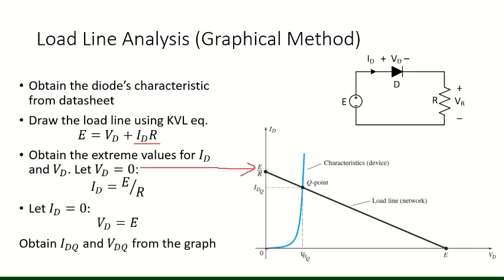So in the vertical axis we got one point, which is E by R, and at E by R the horizontal axis variable, which is VD, is equal to 0.